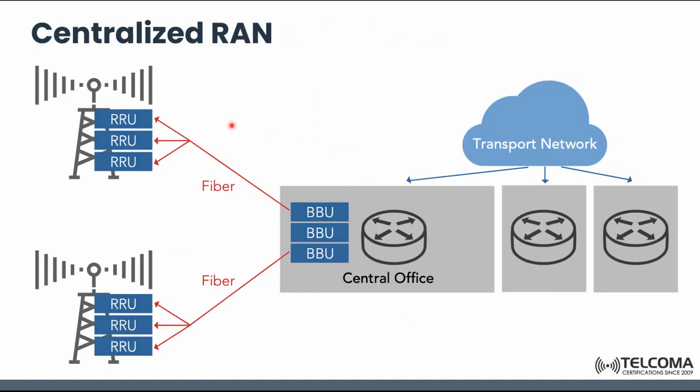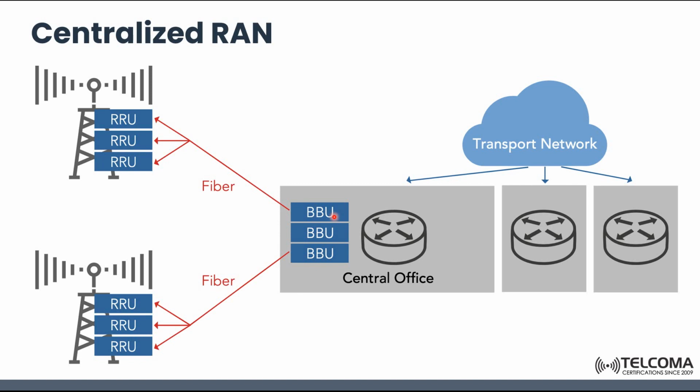Next we go to the centralized RAN, where remote radio units are connected to the antenna at the cell sites, and these remote radio units are connected to baseband units in the central office, not at the cell site. All the baseband units are located at the central office, and they can coordinate with each other to meet capacity requirements according to the sites. Some sites may have low utilization on the baseband side, and some high utilization.